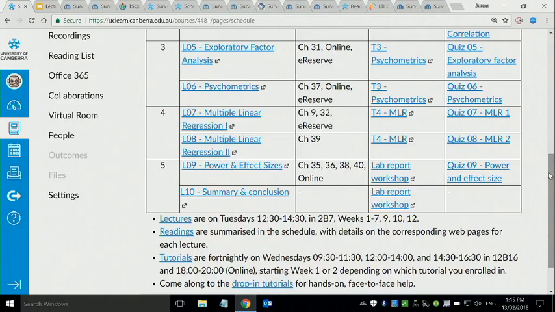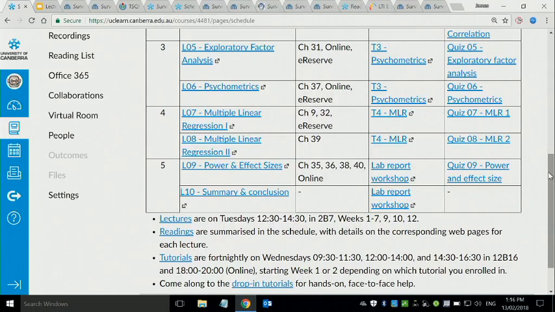So once we get more than 2 variables, we've now got multivariate analyses. So how do we look at the correlations between 3 or more things? So first up, we'll do factor analysis, which is where we take lots of variables, 50, 100 different questions on a questionnaire, and we find the clusters or the factors, so the sets of variables that all correlate together.